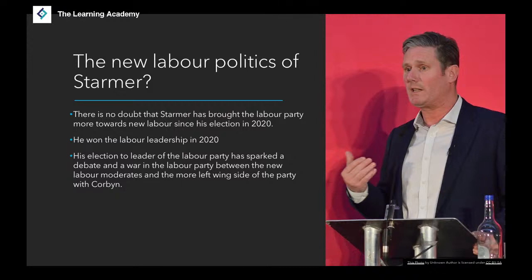Okay, so what can we talk about in reference to anti-Semitism? Because there's no doubt that anti-Semitism played a part in Starmer's decisions when it comes to his attacks on the Labour left.